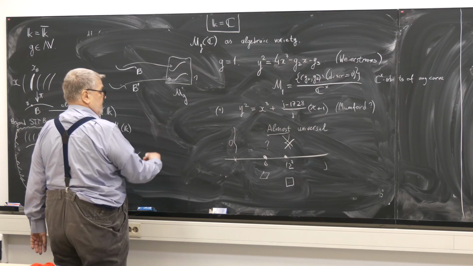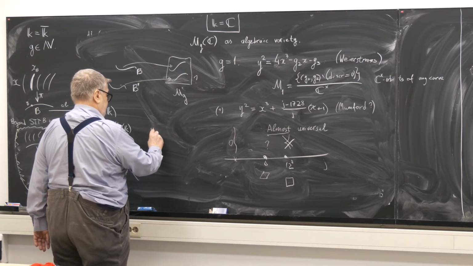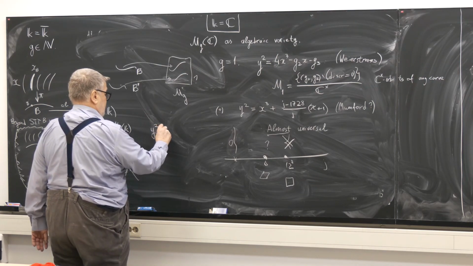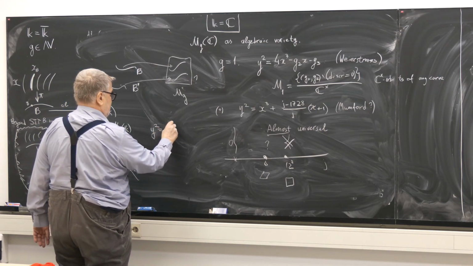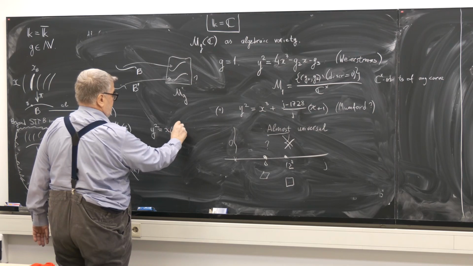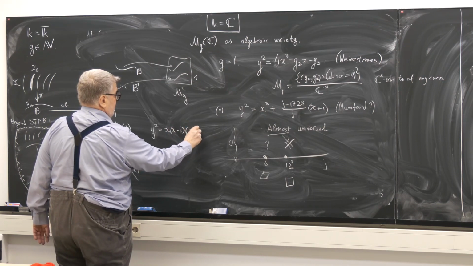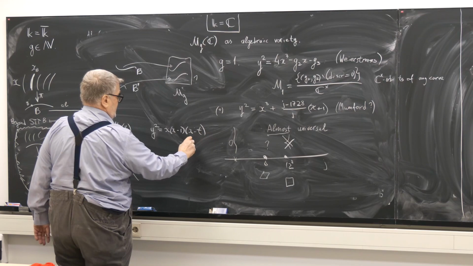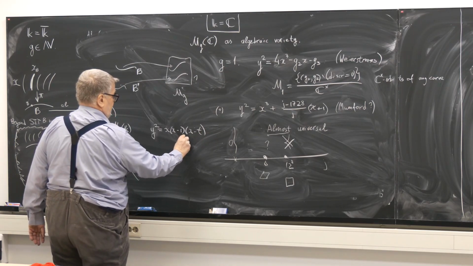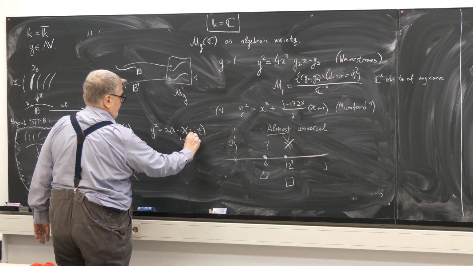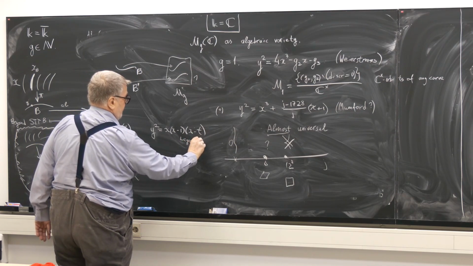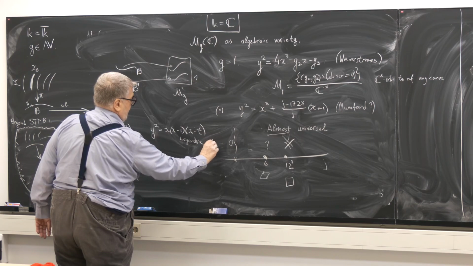However, we consider the third one, x minus 1 and x minus t, that can be called the Legendre cubic.